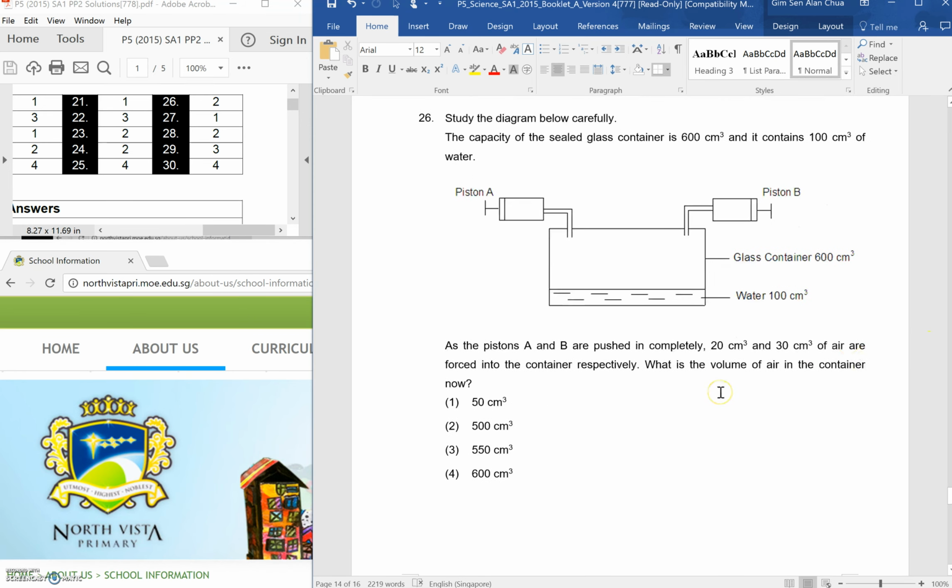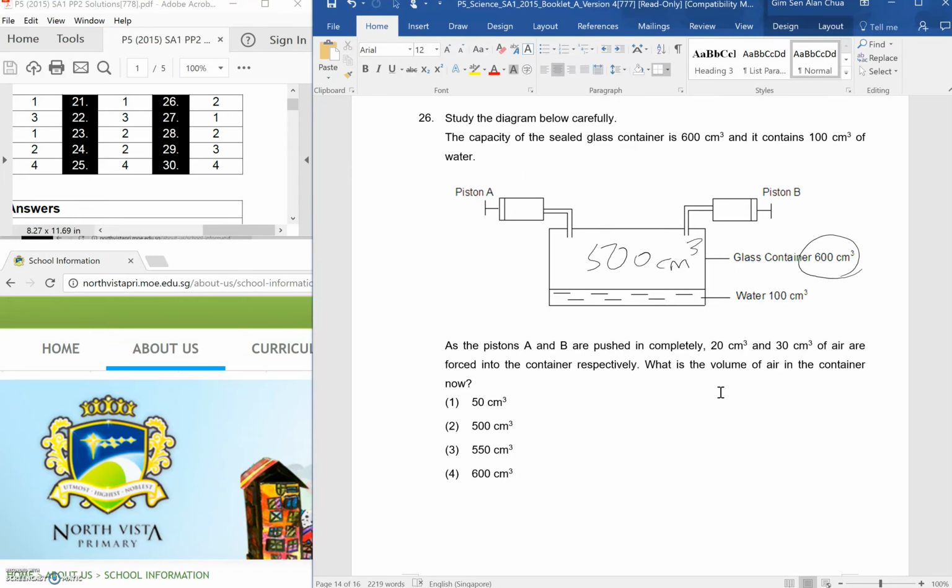Question 26 is another question that I noticed some of you got wrong. The capacity of a sealed glass container is 600. That means it can contain up to 600 centimeter cube of air or water. Now it contains 100 centimeter cube of water. That means the remaining volume is 500 cubic centimeter.